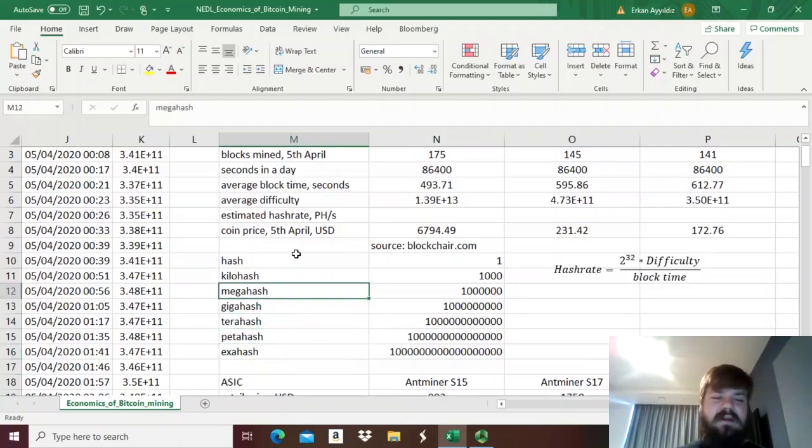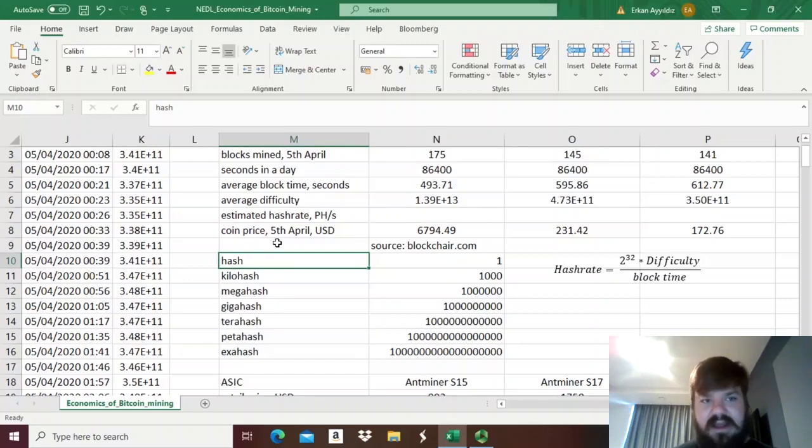This distinction is very similar to what you have in units of data. So you have bytes, kilobytes, megabytes, terabytes, and so on. Here, at the current stage of blockchain development, it's most common to estimate hash rates in petahashes. So a petahash would be 10 to the 15 hashes. So you'll just need to divide the hash rate in hashes over 10 to the power of 15.